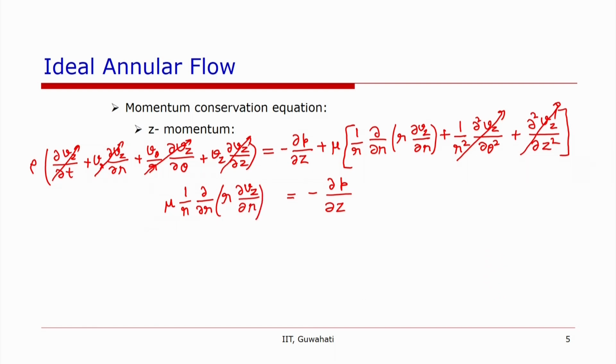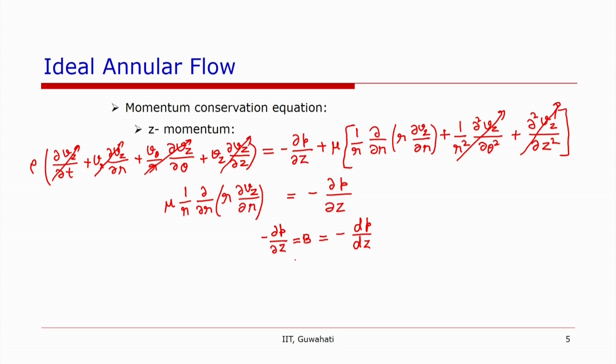So for convenience we will assume that minus del P by del Z is equal to B. Note that this can be written now as minus dP by dZ, because the pressure depends only on Z, so the partial derivative is equal to the total derivative.